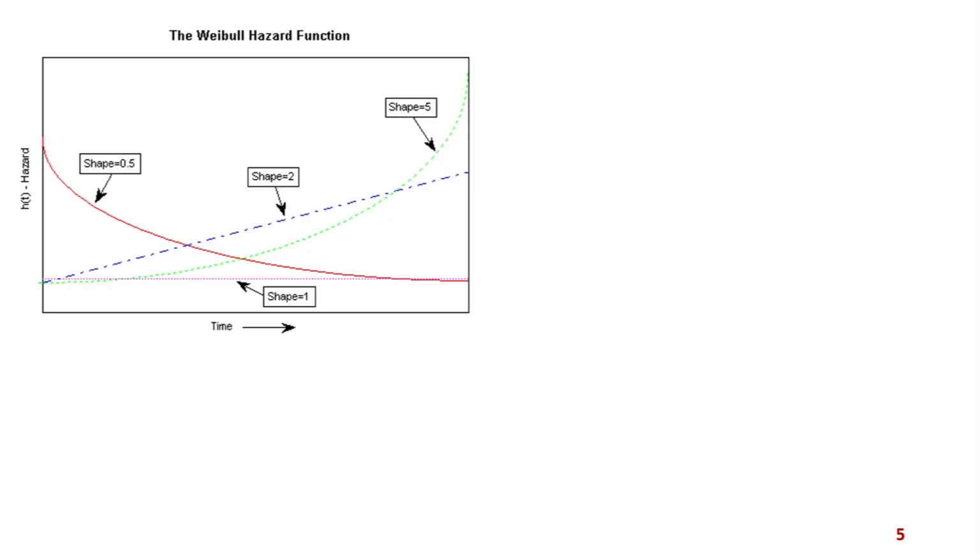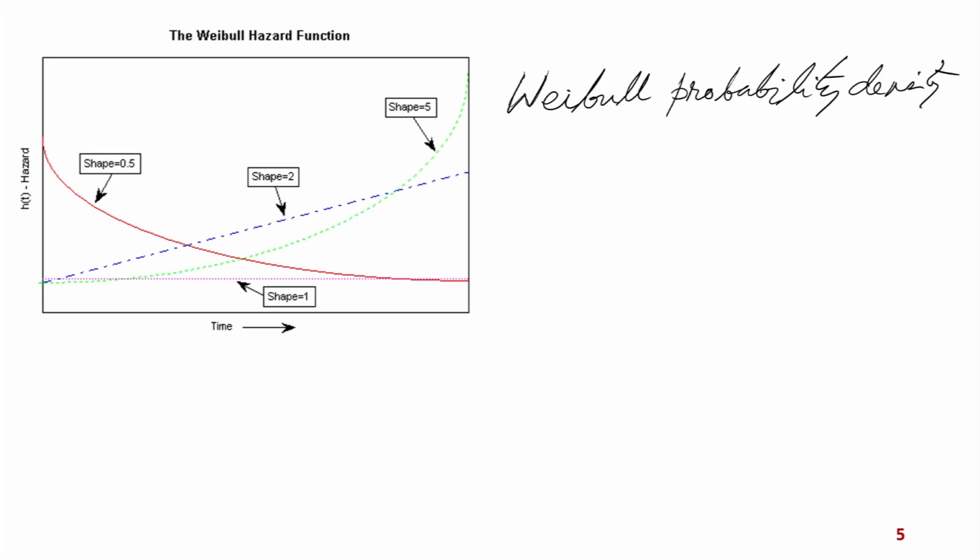We will explain this curve before I write down the probability density function. So we can write the Weibull probability density function, which I will write as f t. It is the probability density function of failure.